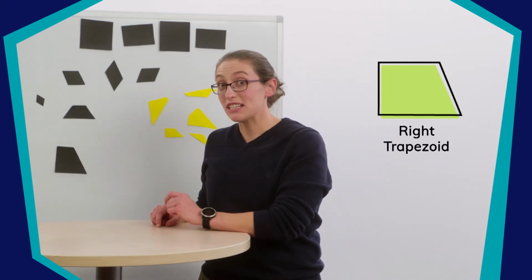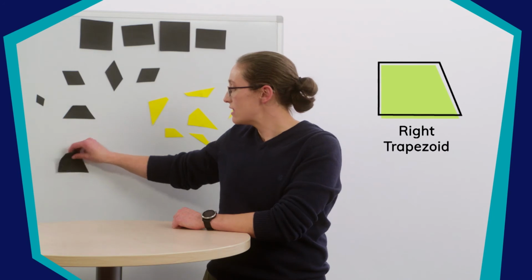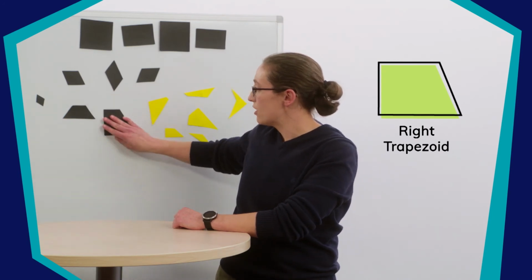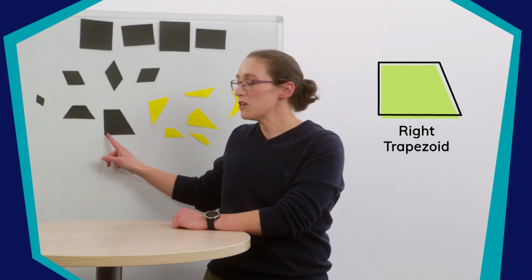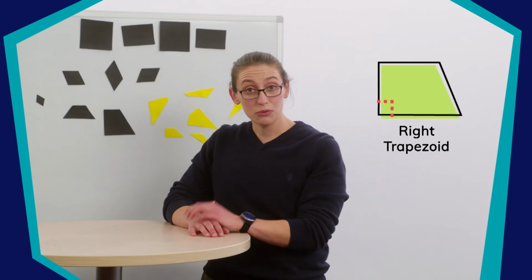But one thing that we didn't talk a lot about is this type of trapezoid right here that has a right angle. This would be called a right trapezoid. It still fulfills the requirement of 1 set of parallel sides, but it's a little fancy with this right angle here.